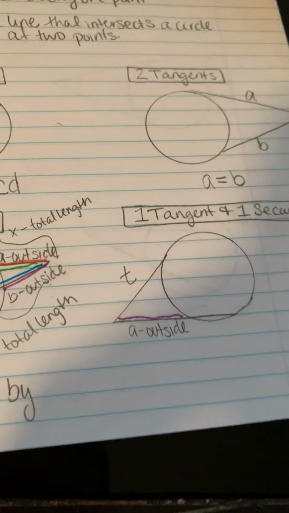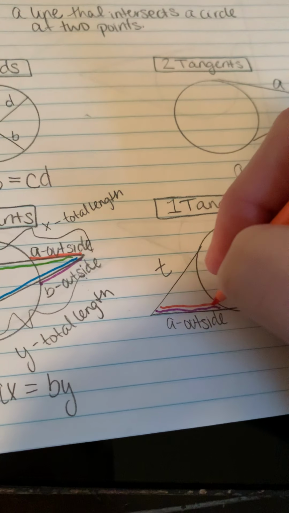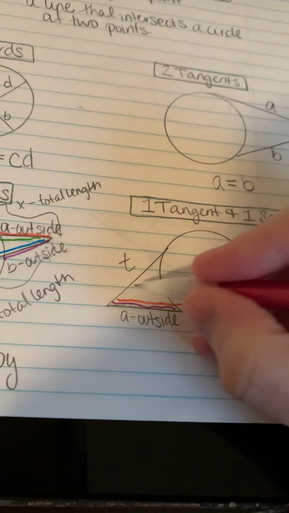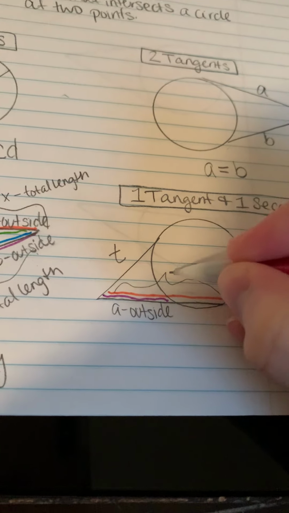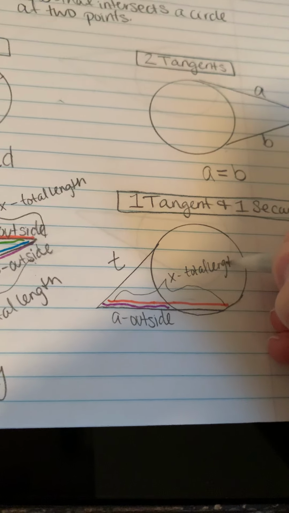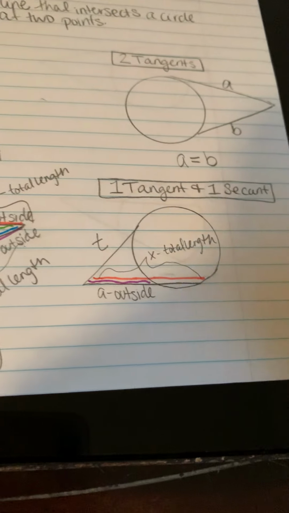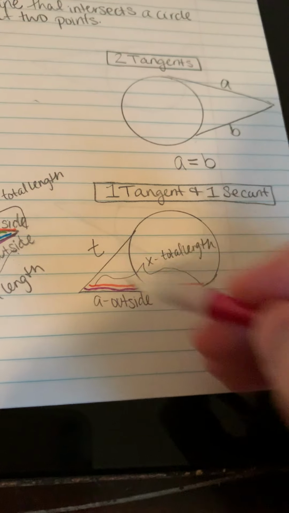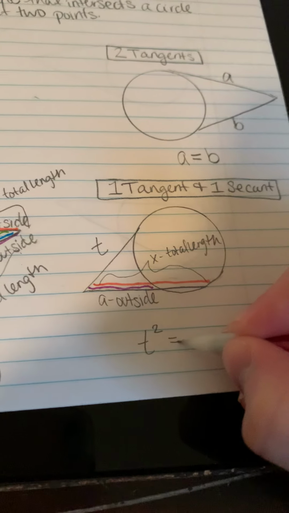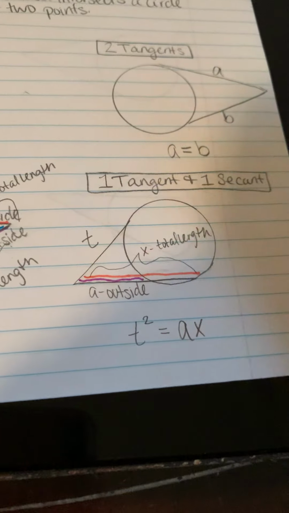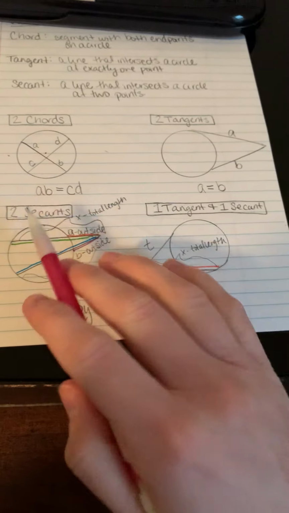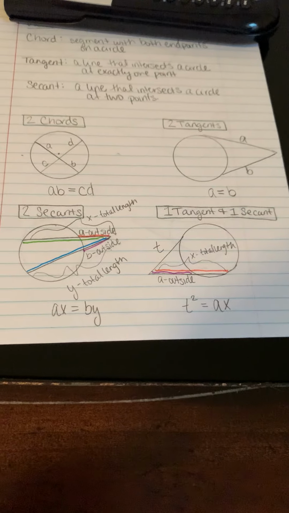And we have our total length. So this one is slightly different, and so it won't just be set equal to each other. It'll actually be the tangent squared equals a times x. Okay, and so these are the vocab and the formulas that we will be using for today's lesson.